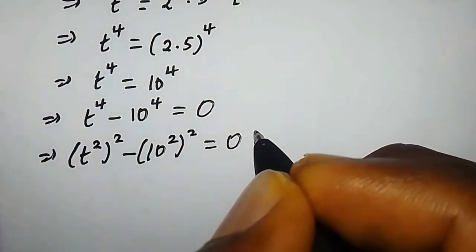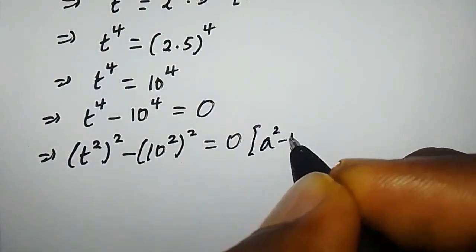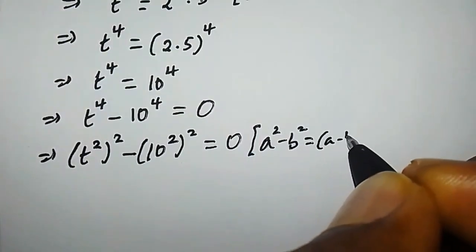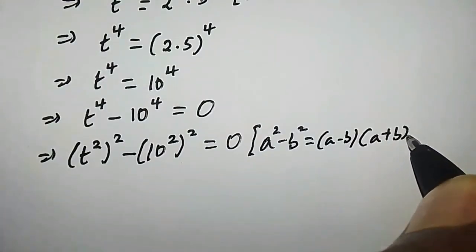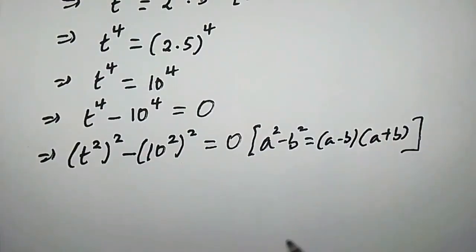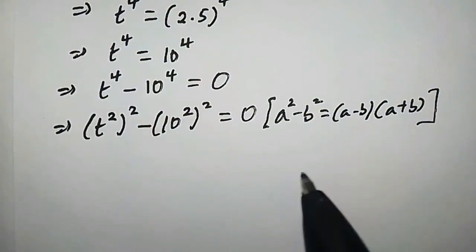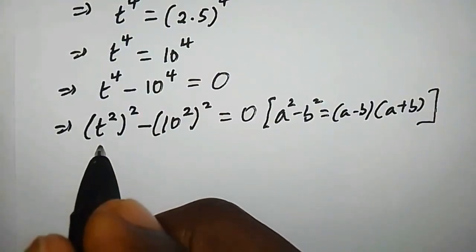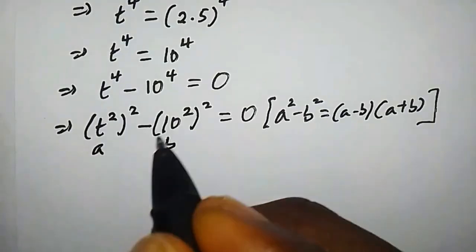Also, recall that a^2 minus b^2 is equal to (a minus b) times (a plus b). This is the difference of two squares. Applying this identity, you will notice that our a is t^2, while b is what? b is 10^2.